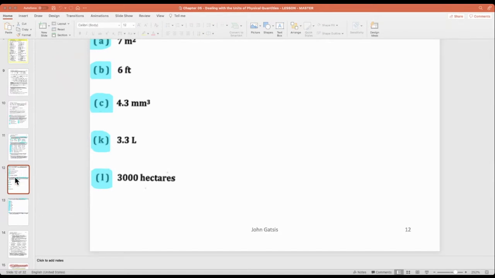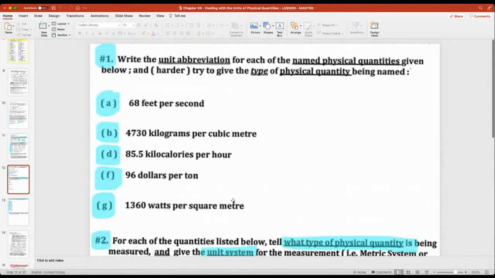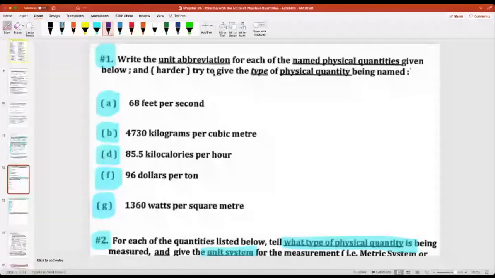Okay, so let's take a look at the first question. Write the unit abbreviation for each of the physical quantities, and try to give the physical quantity being named. This is going to be a very light exercise, hopefully. 68 feet per second. Can anybody tell me what physical quantity that describes?